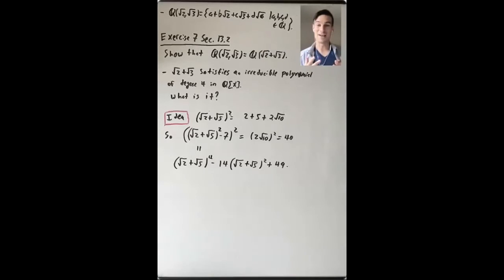Given our discussion of this field generated by square root of 2 and square root of 3 over Q, we get a nice description now of the elements of this field. It's polynomials with coefficients in Q of degree at most 1 in square root of 2 and degree at most 1 in square root of 3.